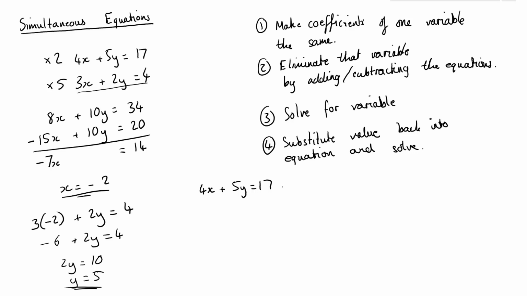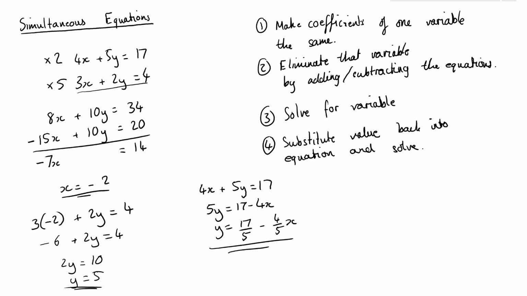So I'm going to have to move the 4x onto this side. So 5y is going to give me 17 minus 4x. And then I need to divide by 5 to make sure I'm getting a y equals, not a 5y equals. So if I divide by 5, I get 17 over 5, which I'm going to leave as a fraction, minus 4 over 5 x, which I'm also going to leave as a fraction.